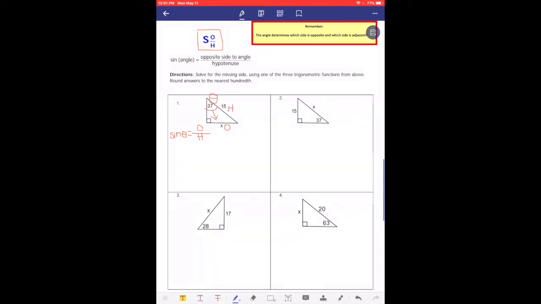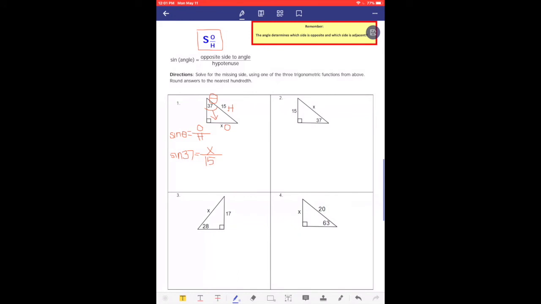So my theta, my angle, is 37. So I'm going to rewrite this, but I'm going to write sine of 37 equals, I want to fill in the opposite and the hypotenuse. The opposite here is x, I don't know that value, and the hypotenuse is 15.